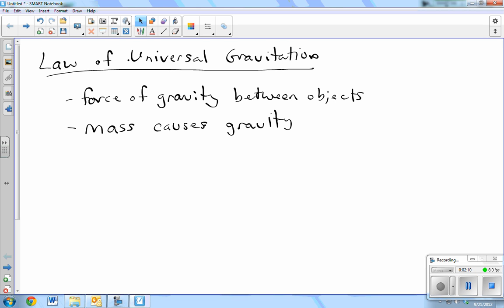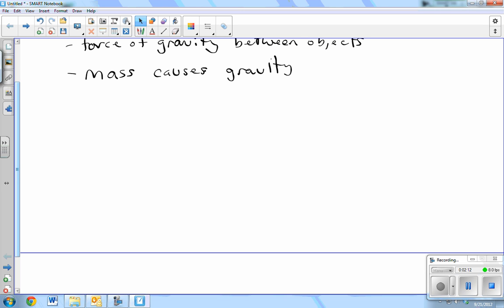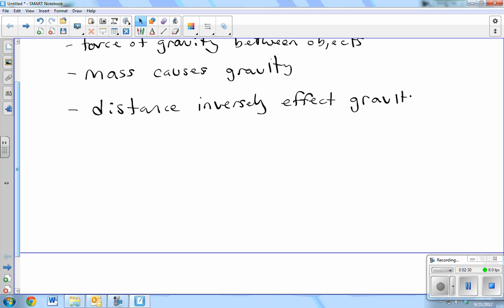Mass causes gravity. Also, the distance that you are from the object affects gravity. So the further you get away, the less gravity there is. Now, I don't know if it's effect or affect.